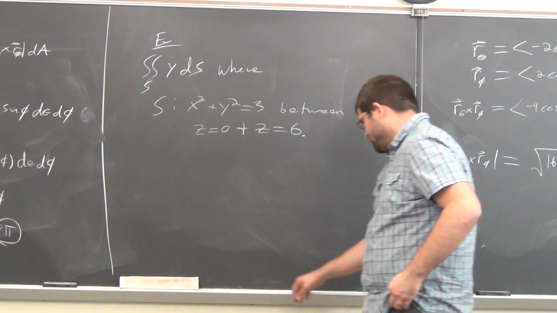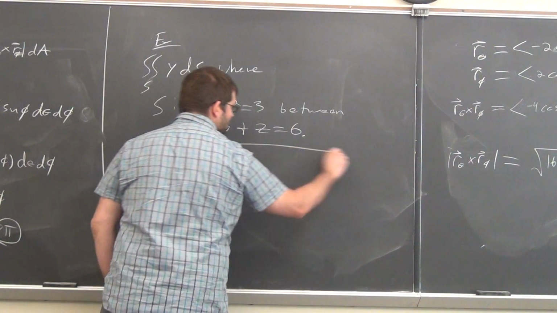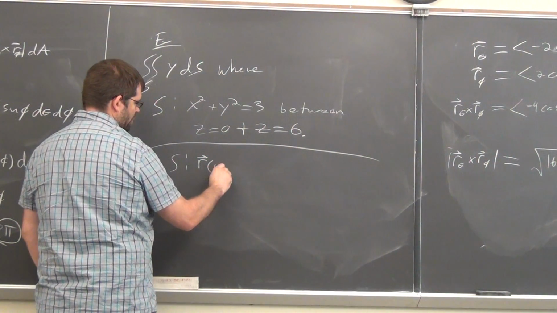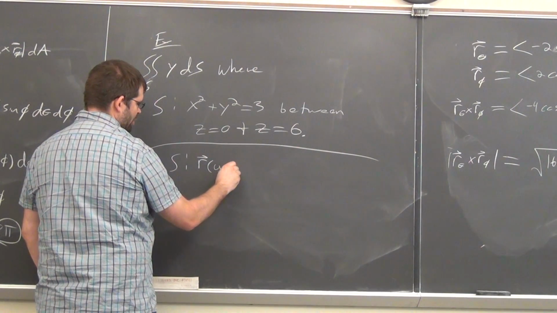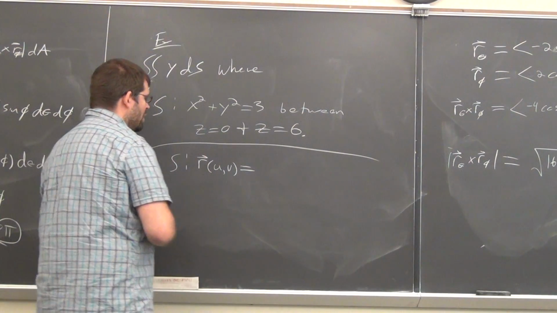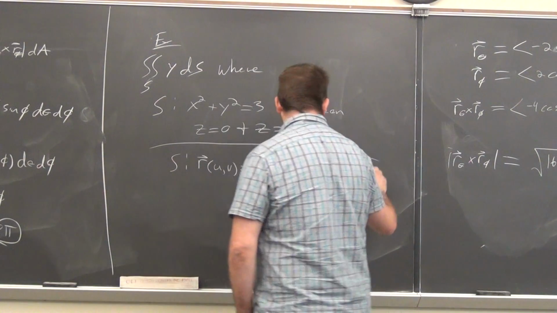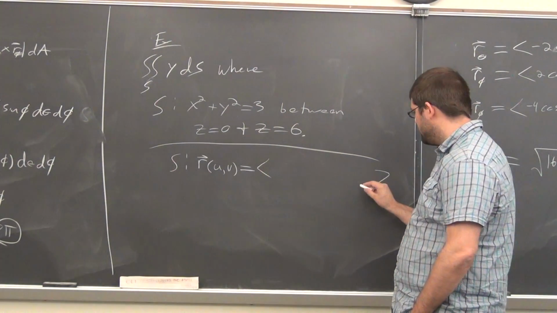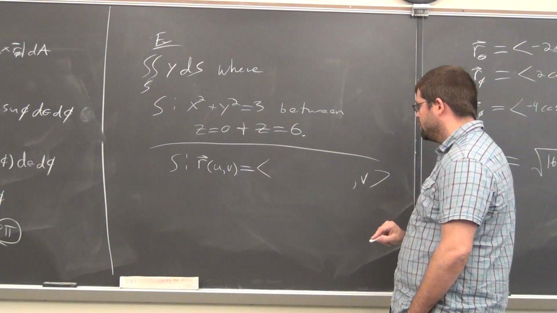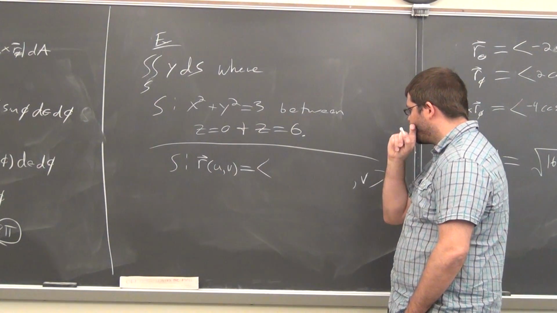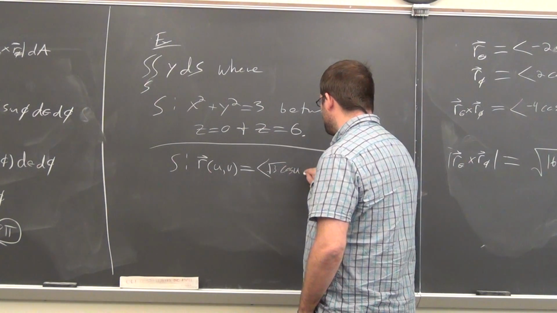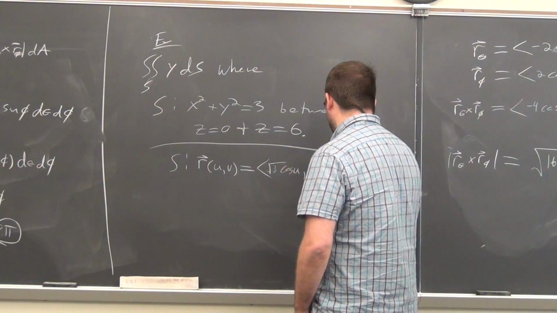Again, if you haven't gotten this far yet, I'll just write up the parameterization. You could use whatever variables you want. I'll use u and v just to stick with our other form. So what did you get here? I'll start it like this. Square root of 3 cosine u, and square root of 3 sine of u.